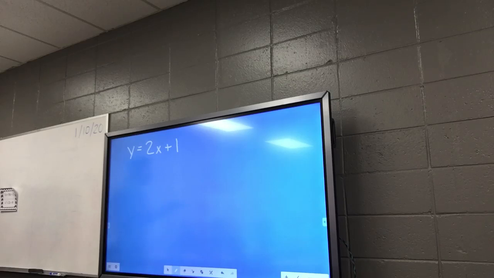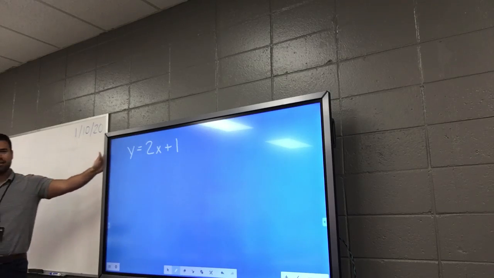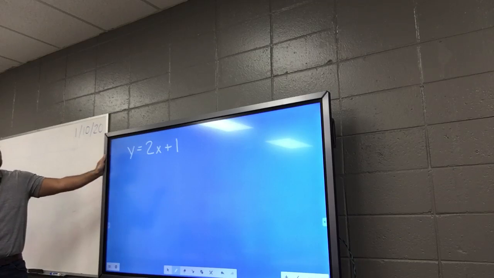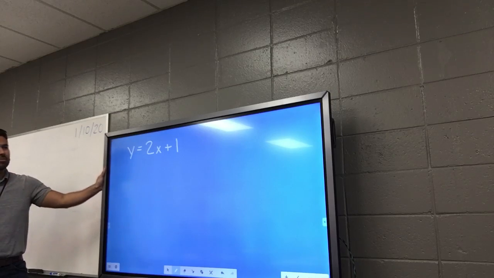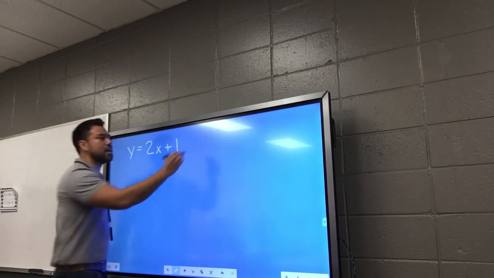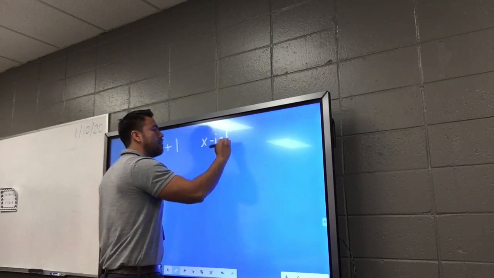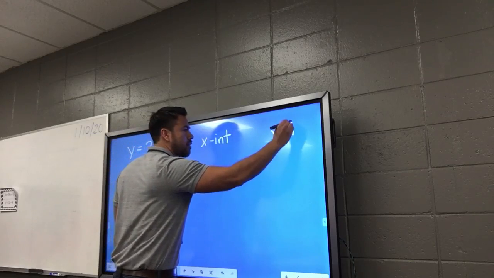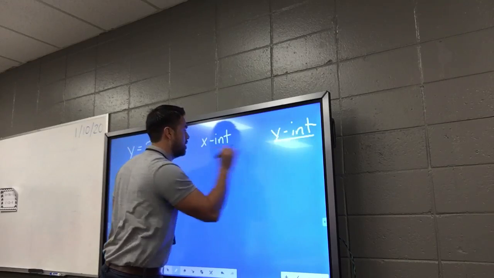I'm going to find out if it is or is not, but I want to first find the intercepts. But it's a function, I'm just going to tell you. You'll get to the point where you'll look at it and say, that's a function, without even thinking about it. Okay, I want to find the X-intercept, and I want to find the Y-intercept, right? I want to find those intercepts in this lesson.